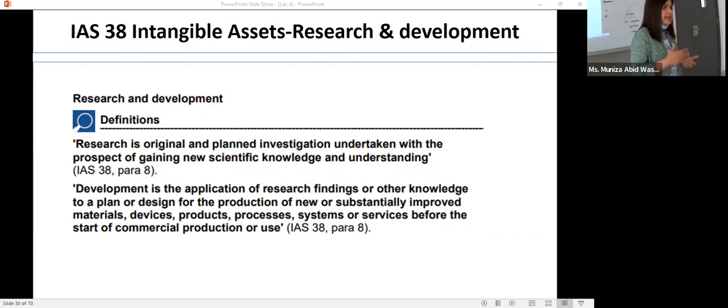What is research? Any kind of planned investigation in order to get some knowledge. All of the costs which the organization spends in order to investigate certain things, research costs, are going to be treated as revenue expenditures. They are going to be written off in the statement of profit or loss as soon as they are incurred. So in regards to IAS 38, for research expenditures, as soon as they are incurred, we write them off in our SOPL.